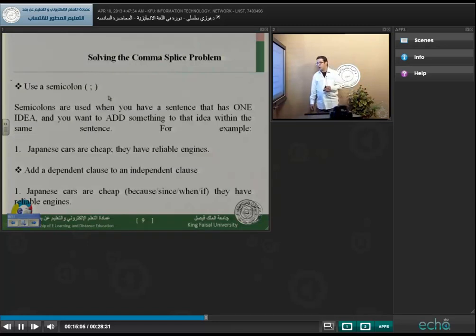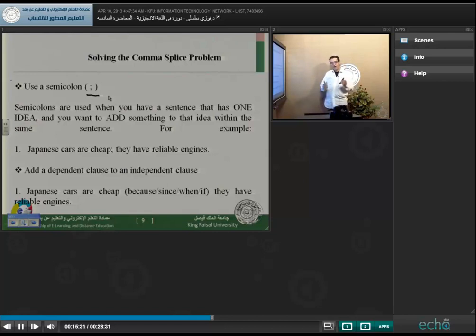A third way of solving the comma splice is to use a semicolon. This is a semicolon. A semicolon is used when you have a sentence that has one idea and you want to add something to that idea within the same sentence, right?